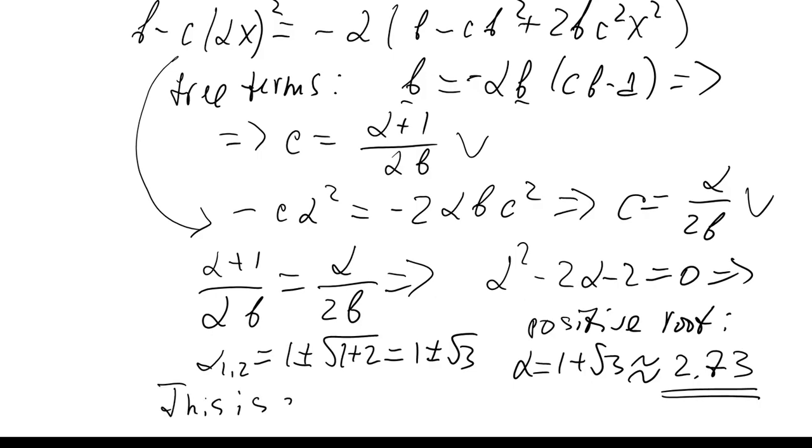This is an approximation to the second Feigenbaum constant, which was, as you remember, around 2.50. So it's a very close approximation.